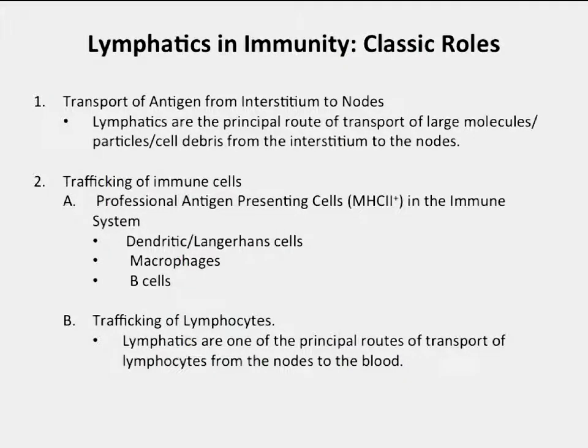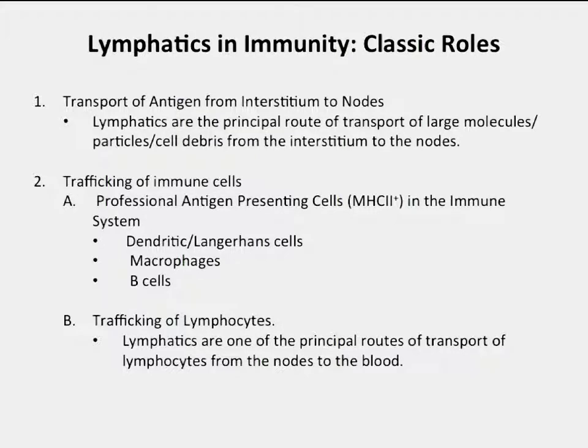It also plays an important role in trafficking immune cells, particularly the professional antigen-presenting cells that Betsy was talking about a little bit earlier, such as dendritic cells, Langerhans cells, macrophages, and B cells, both from the tissues to the node, and in this case from the nodes back to the blood, because it's also important for trafficking the lymphocytes. Hence, that's where the name came from, because lymphocytes are predominantly carried from the node back to the blood via the lymphatic system.